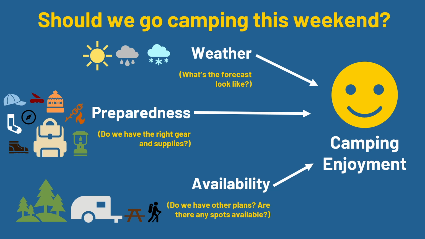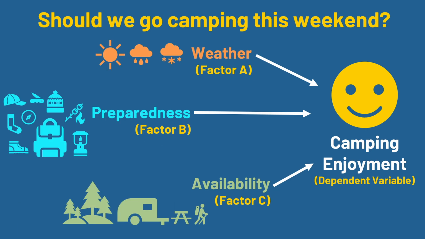So just some examples of the fact that when we ask ourselves these questions and we're making these decisions, we're sort of weighing these different variables and we're accounting for things that factor into our decision. And so we can literally use this as an example of factors in a hypothetical ANOVA or something like that.